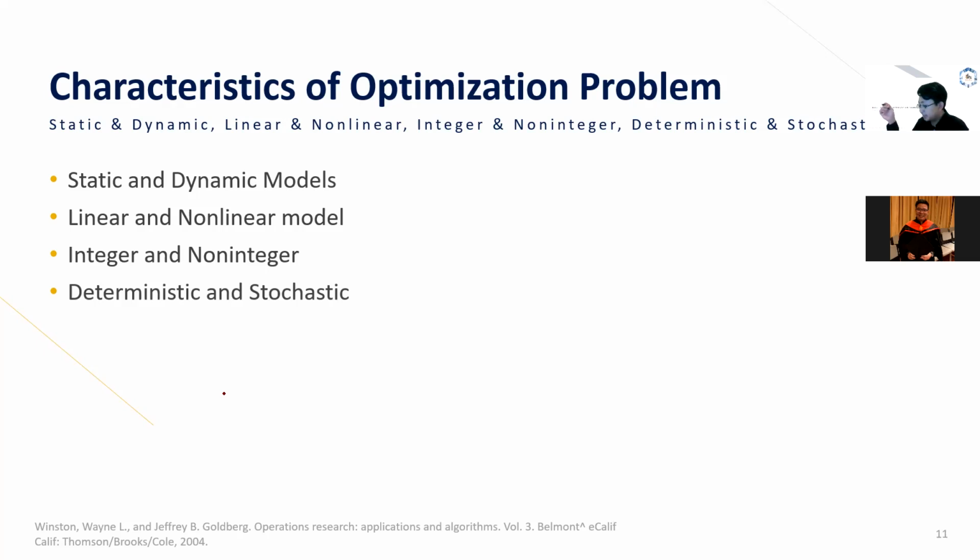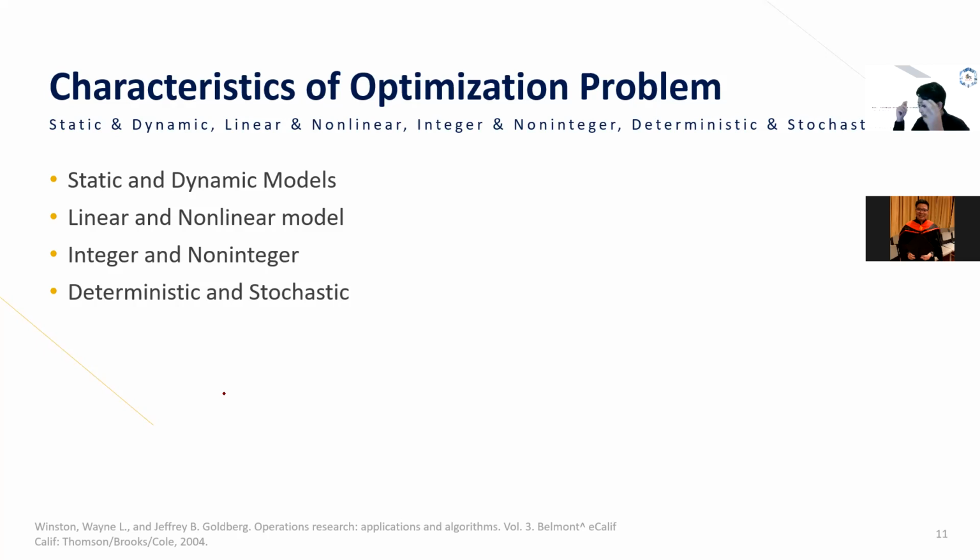So it's like a one-shot decision. You try to represent a problem where the decision variable is the most effective for a particular time frame. Okay, those are static models.